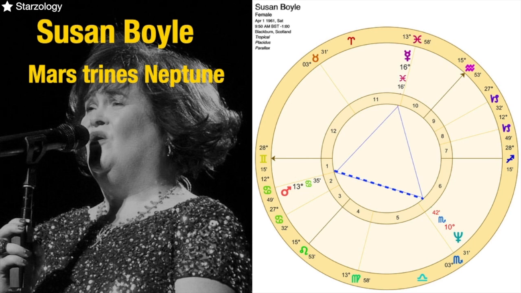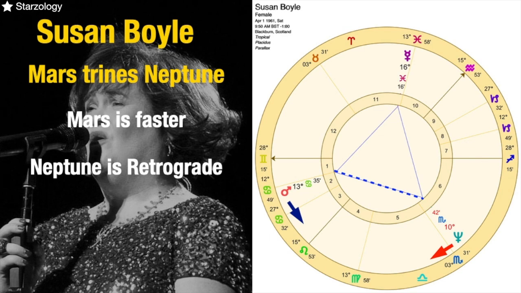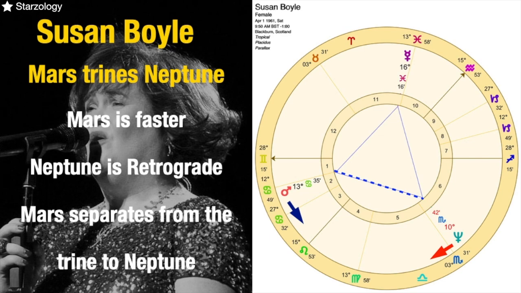Let's look at another one. Mars trines Neptune. Mars is direct, Neptune is retrograde, so Mars is faster and Mars will go 14, 15, 16. Neptune is retrograde, so it will be moving 9, 8, 7, and Mars is separating from the trine to Neptune.